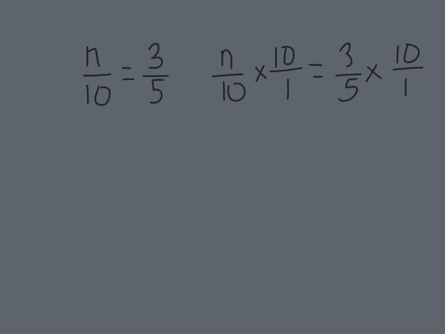So when I multiply, this cancels out. I'm left with n on this side equals, I know 5 goes in here 1 time and there 2 times. 3 times 2 is 6 over 1, which equals 6. I hope you were also able to come up with 6. So go ahead and rewatch any parts of this video before heading off to do today's work.